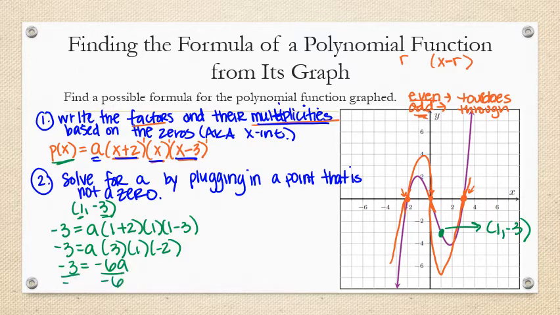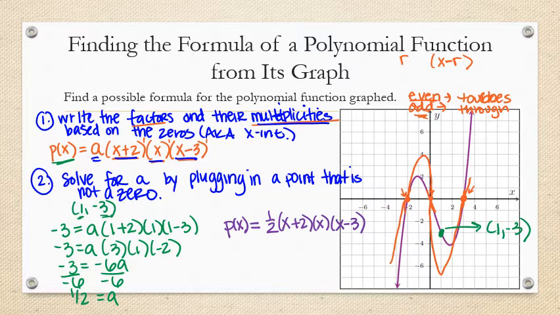Divide by -6. 1/2 equals a. So now we have a formula of p of x equals a times x plus 2 times x minus 3.